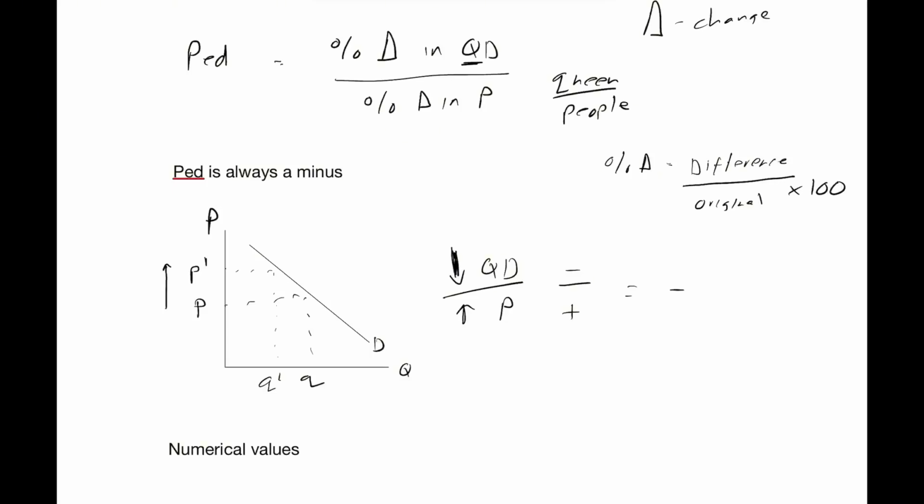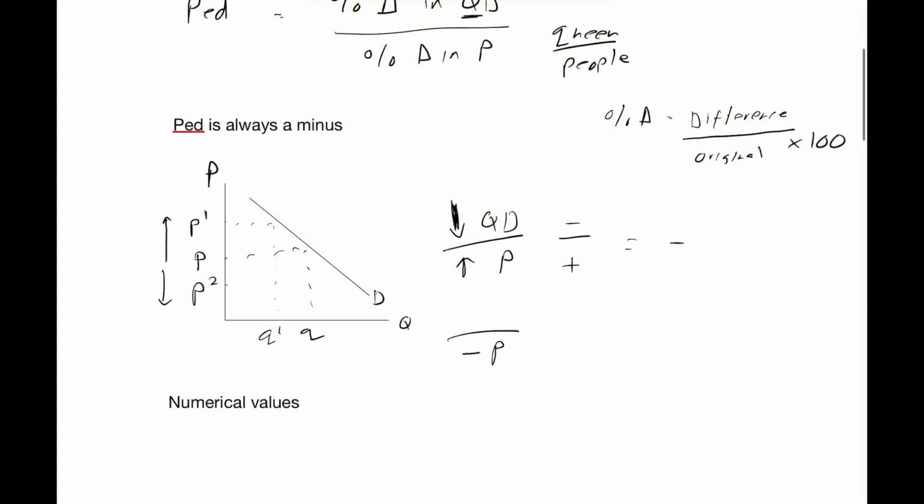Now, if the price decreases to P2, okay, we have a decrease in price, and that would lead to an increase in the quantity demanded, okay? So there will be an increase in the quantity demanded and a decrease in price. So we have a positive number, and we're going to divide the positive by a negative, and again that will give us a negative number.